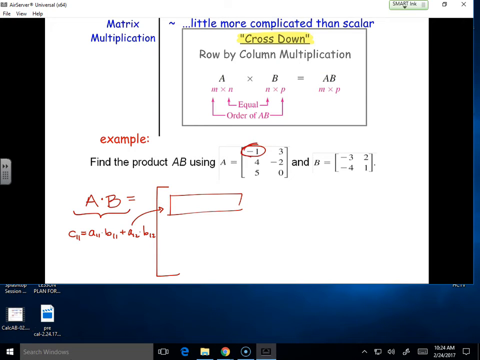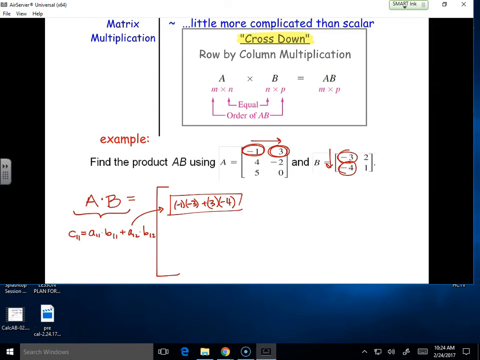So, ready? What is that? Yeah, you got it. That is the first times the first, aka -1 times -3, plus go across the second, go down times the second. Think dot product, kind of. Yeah? Cross down.